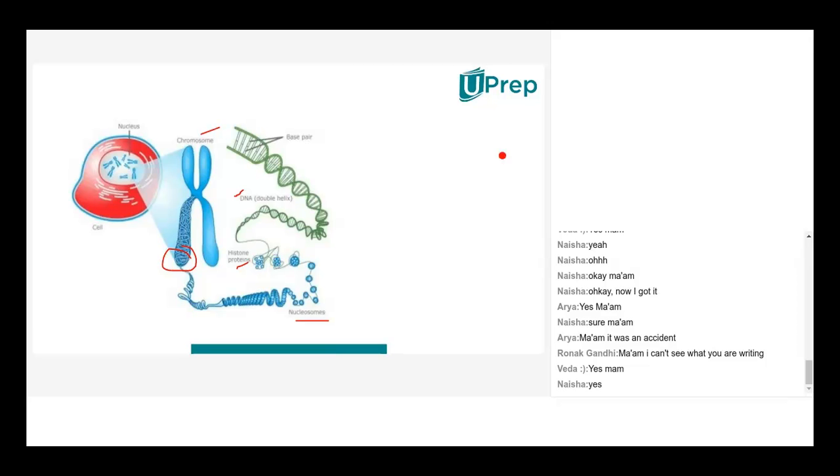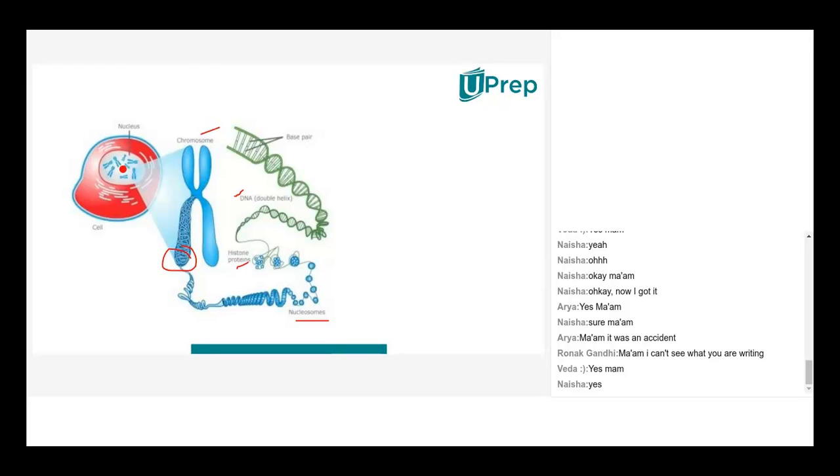The histone proteins along with DNA are called nucleosomes. Now nucleosomes intertwine with each other, so many nucleosomes, and they form a complex structure called the chromosome. And the chromosomes again form a thread-like network called chromatin and fit in the nucleus.